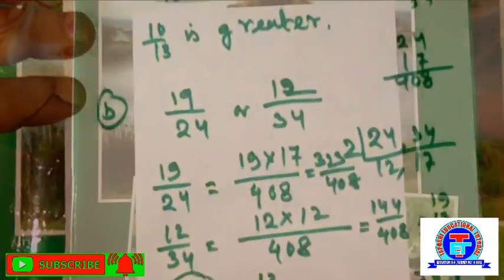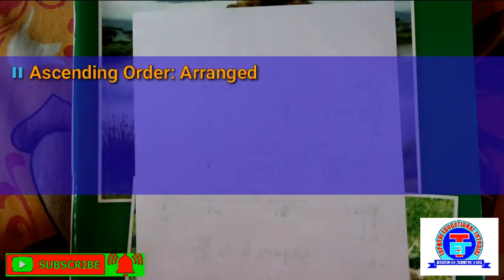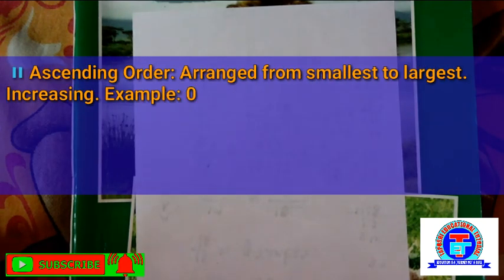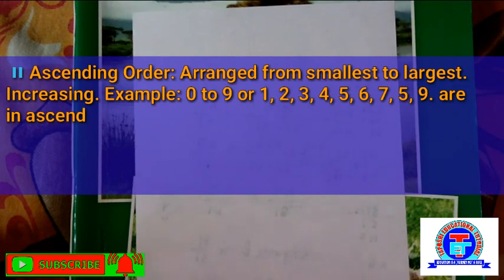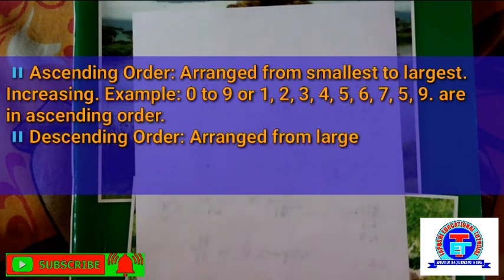Okay, dear students, here we learn how to arrange in ascending order and descending order, right? In general terms, ascending means smallest to largest.